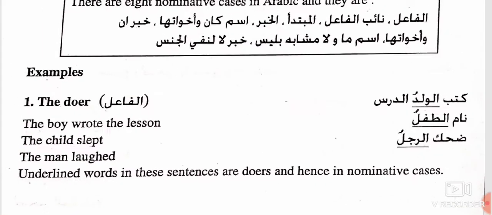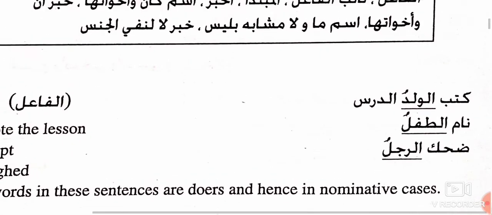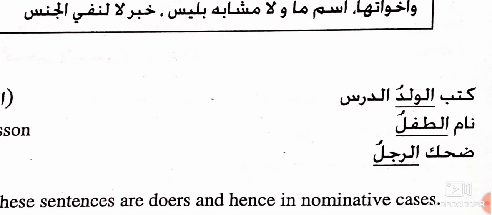Just look, katabal waladu ad-darsa. Kataba is fi'l and waladu is fa'il. Darsa is maf'ul, that's coming in the mansubat. So kataba is fi'l madi, waladu is fa'il. So fa'il is raf'u.